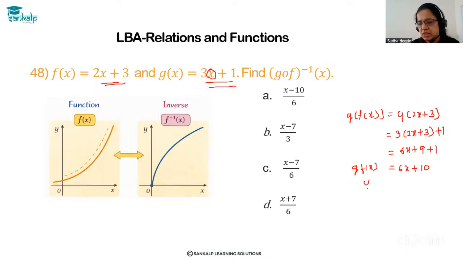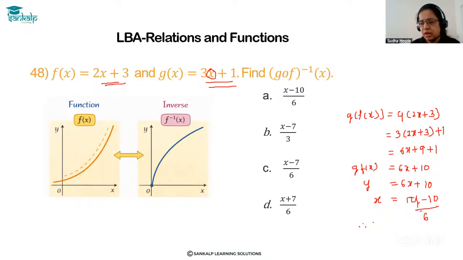Take this as y, general rule, 6x plus 10. Correct? Now find x. X is equal to what? X is equal to y minus 10 divided by 6.